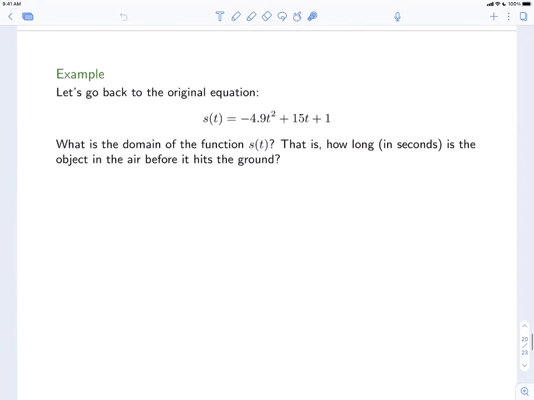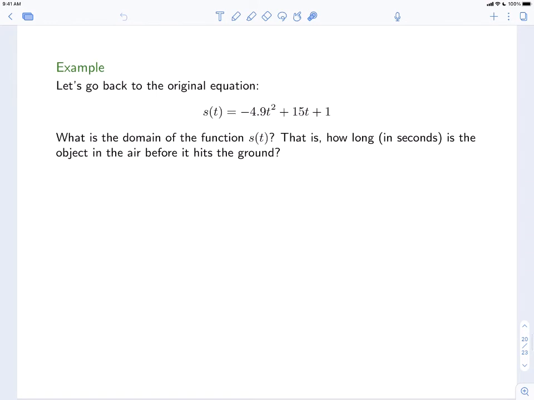Let's go back to the original equation where we were measuring things in seconds. What is the domain of this function? That is, how long in seconds is the object in the air before it hits the ground? In order to do this problem, we simply need to find the value of t for which s(t) is equal to 0.